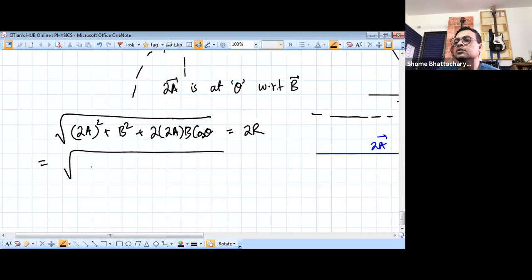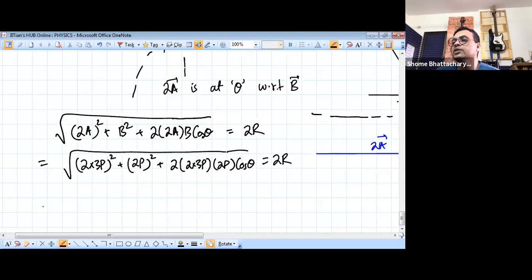This will become 2 into 3P whole square plus 2P whole square plus 2 into 3P into 2P into the same cos theta as the first equation. This is equal to 2R. So square both sides.